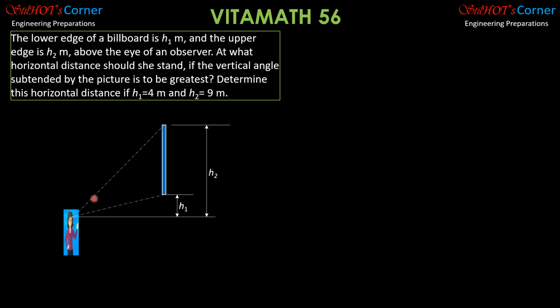And this is the angle to be maximized. This is the position x of the observer, and let's derive an expression for this horizontal distance from the plane of the billboard in order to maximize this viewing angle. Call that theta, and call these theta 1 and theta 2.